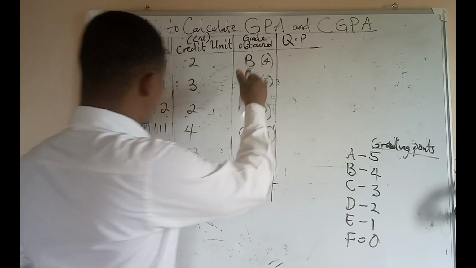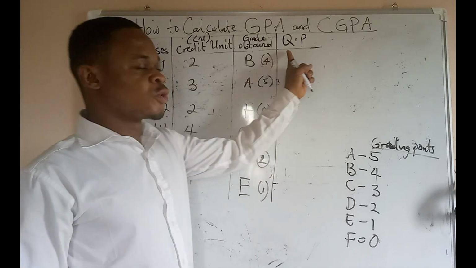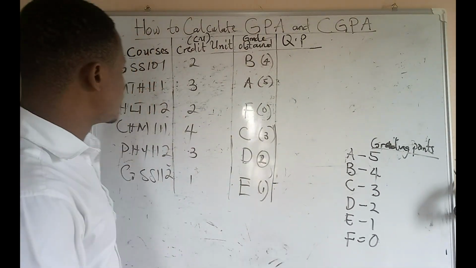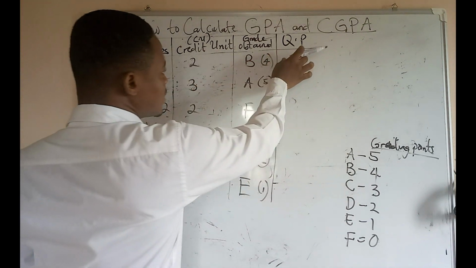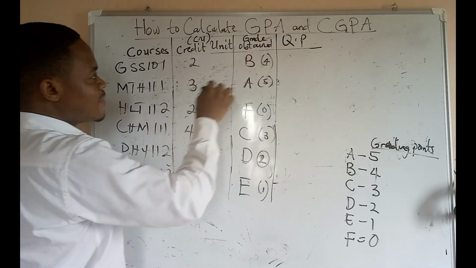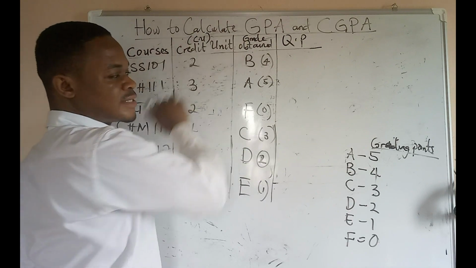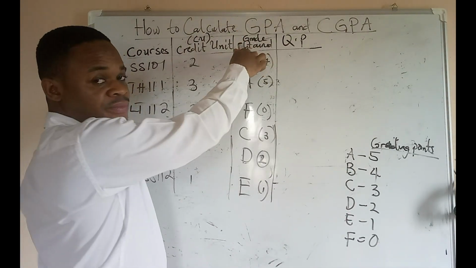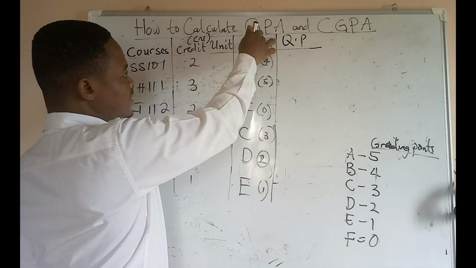So with these grading points, we can obtain the quality points. To obtain the quality point is the same as the credit units times the grading point.